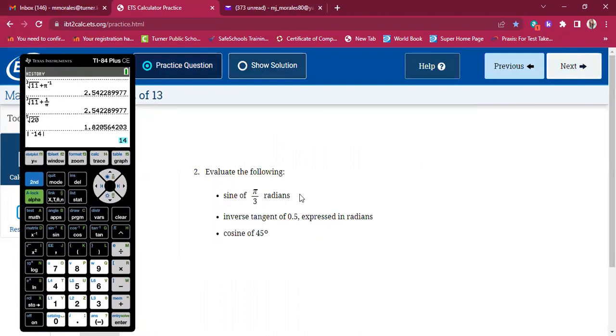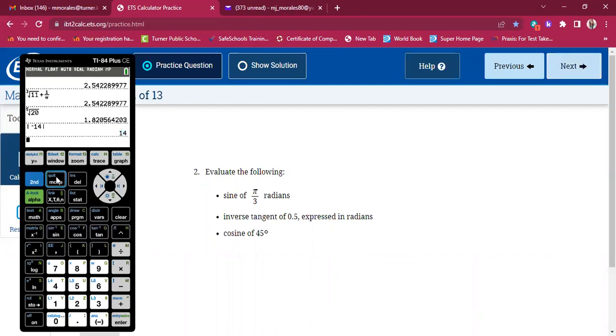Let's try to evaluate this one. I'm going to clear this one. How will I clear the screen of my calculator? Just press second, shift, mode, and then clear. That's it. Next, let's try to evaluate sine of pi over 3 radians.